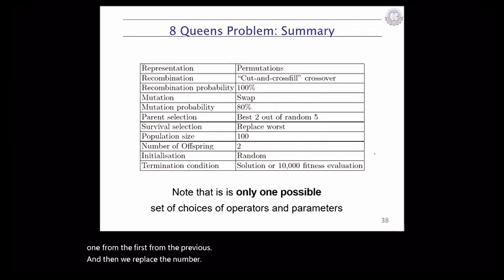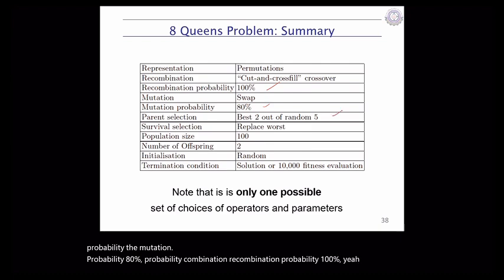So this is the summary with the 8 queens problem. The representation is a permutation, mutation probability 80%, recombination probability 100%.